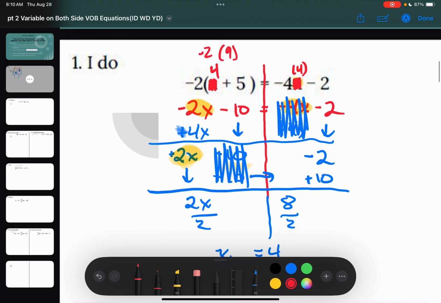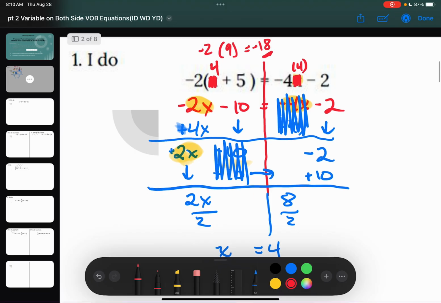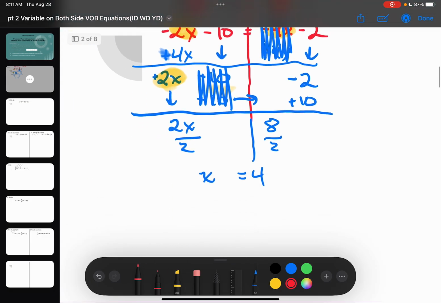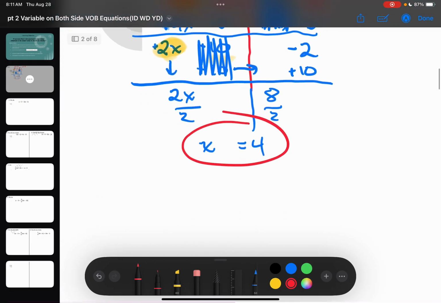And 9 times -2 equals -18. I'm hoping that the right side also will give me -18. -4 times 4 is -16. And -16 minus 2 is -18. So my check proves that the left side and the right side are the same, which means my answer was correct.